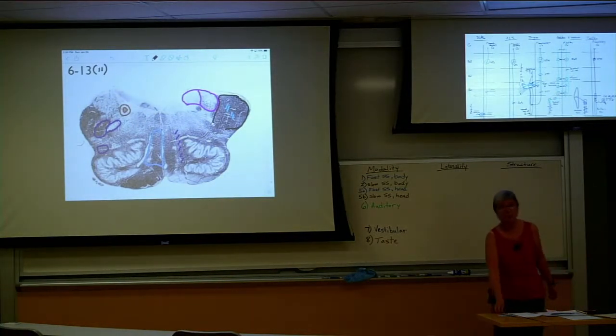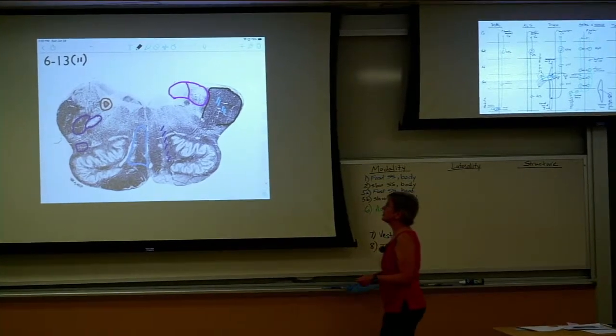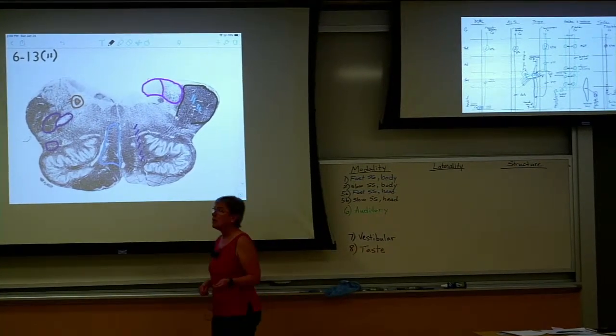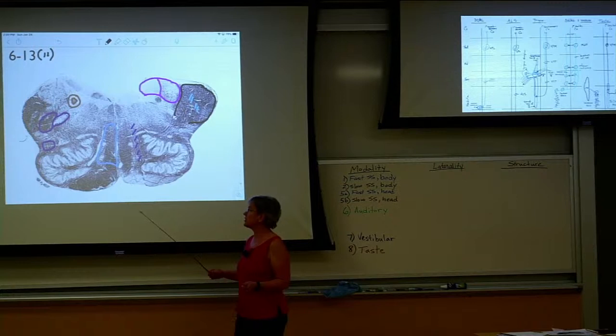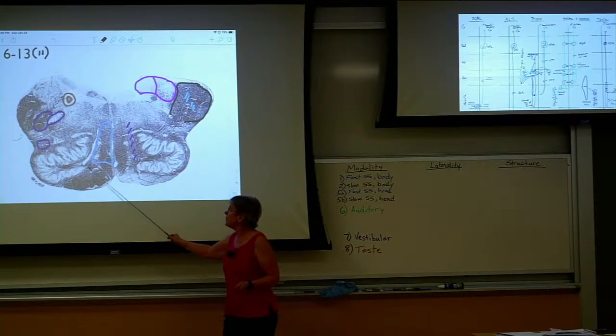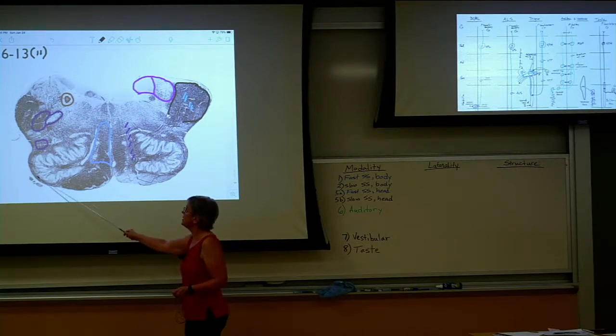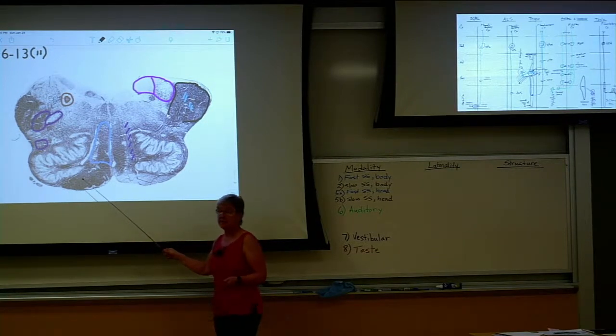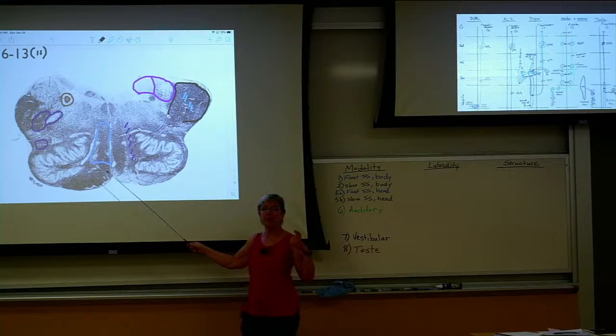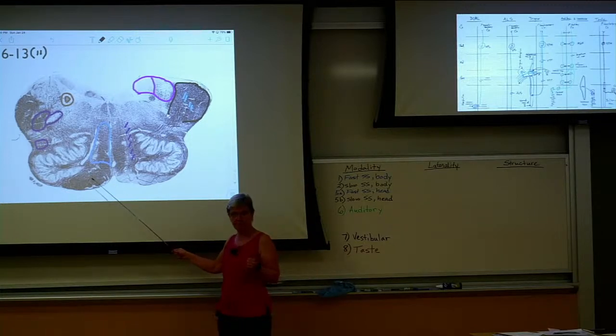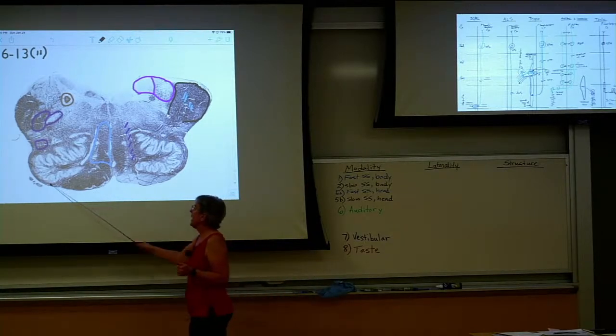So when we bring up a new section, the first question is always, where are we? Once again, use your landmarks. So here we have our pyramids as well as our inferior olives. So that tells you you're at what level, main level of the brain stem, the medulla.